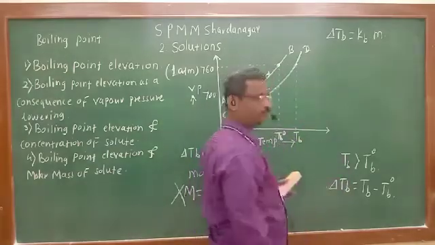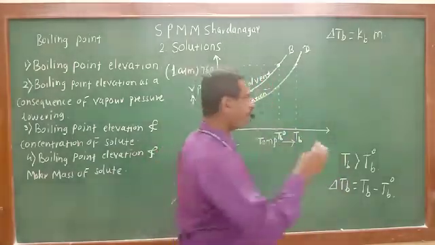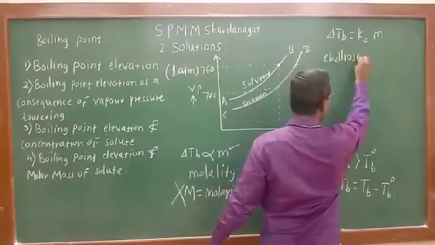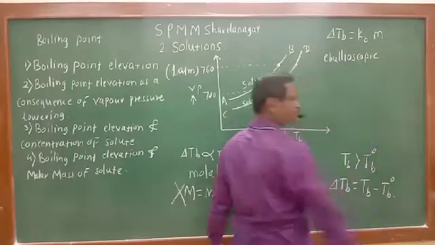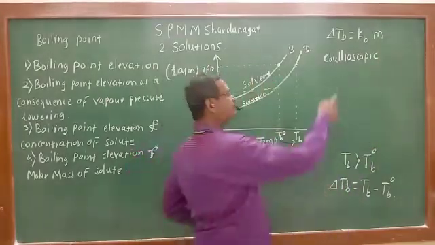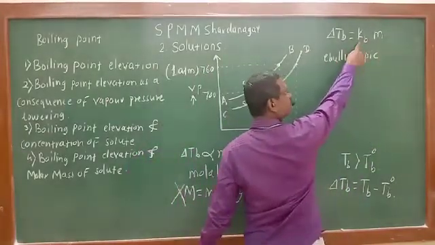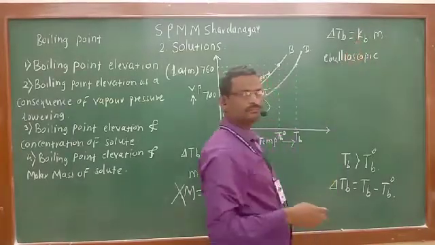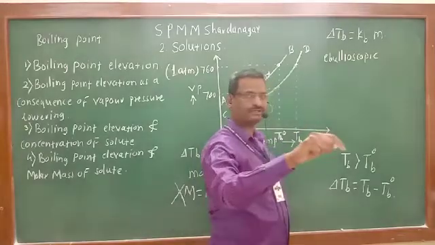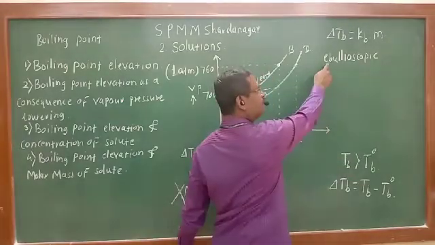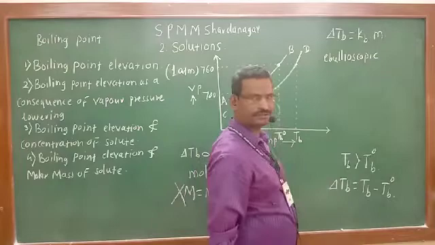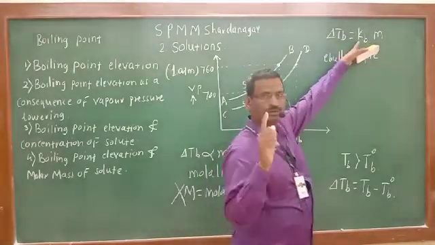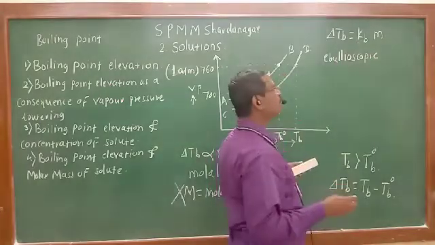Four words I have told you, out of which the most commonly asked is ebullioscopic constant. It is also known as proportionality constant, molar elevation constant, elevation in boiling point constant, and ebullioscopic constant, Kb.